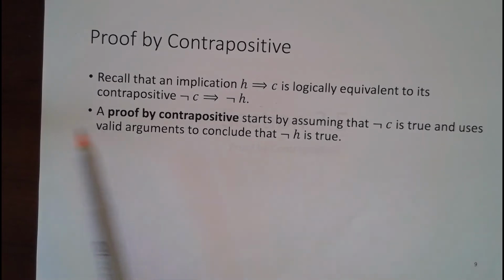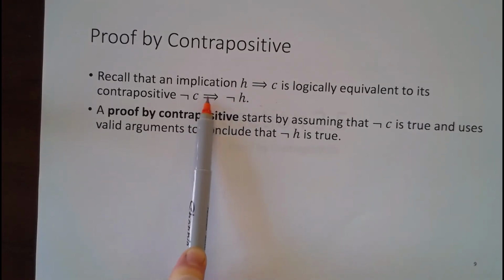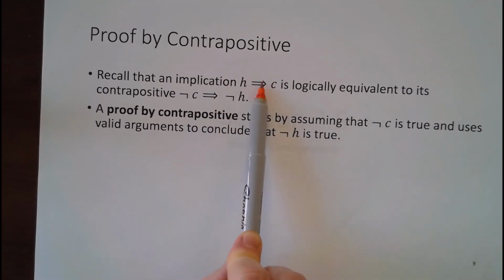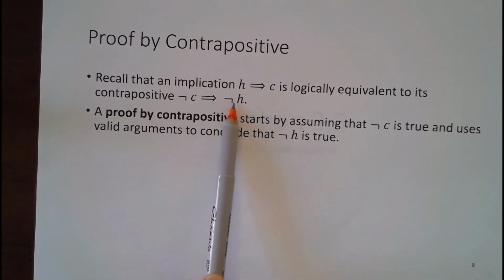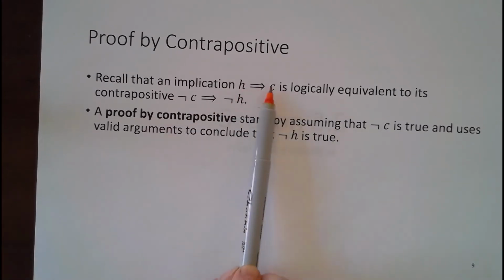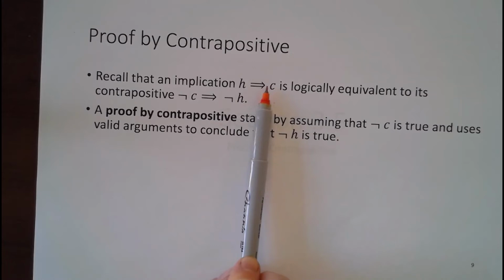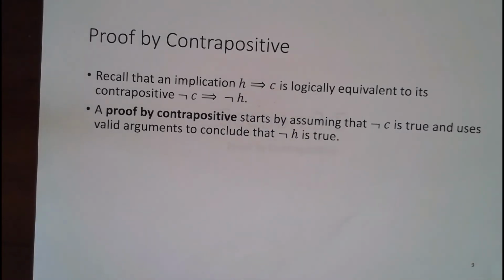Proving this would be equivalent to proving that one. Sometimes it's a little bit easier to prove the contrapositive than the original implication itself. But if I prove that the contrapositive is true, I'm still proving that the original implication is true as well.